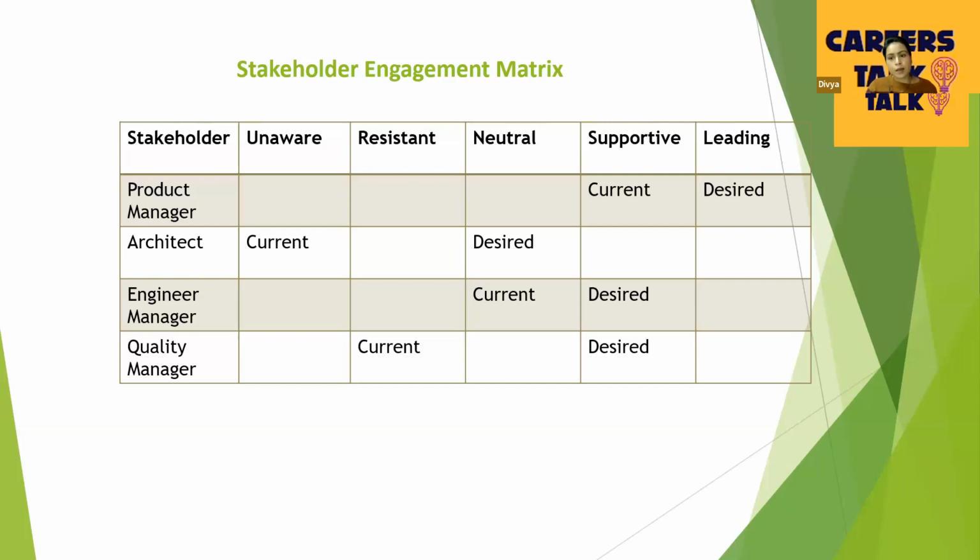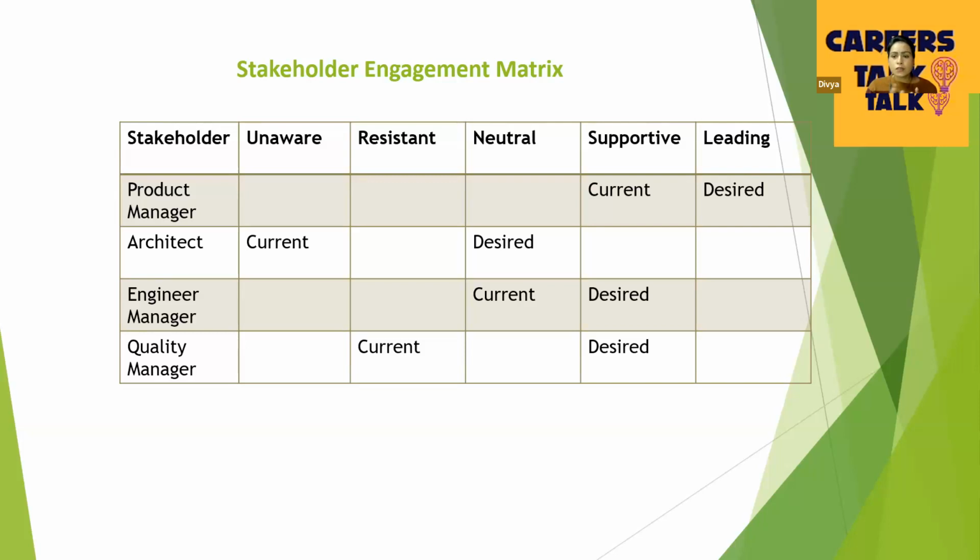They are okay if the change happens, they are okay if it doesn't happen also, they do not have any kind of impact, so they are okay. And then supportive. You want support from these stakeholders in the starting stages, or throughout the project, or throughout the change that is happening, at any point in your project.